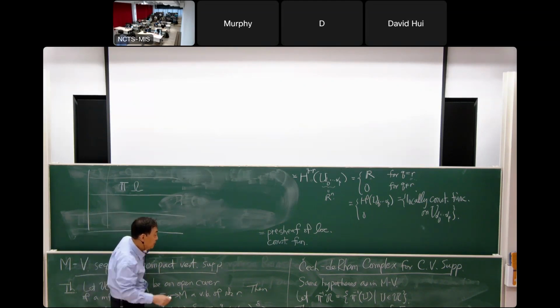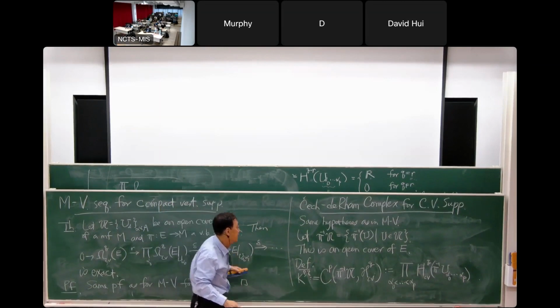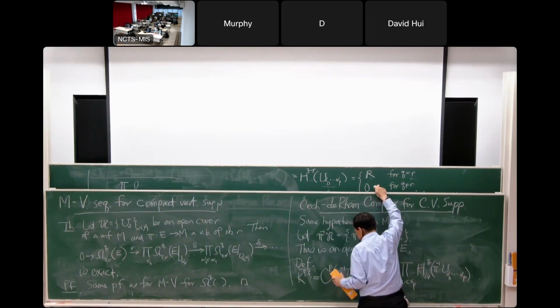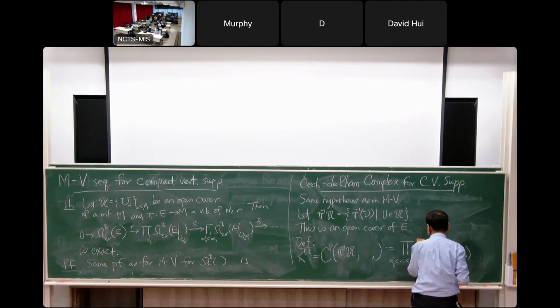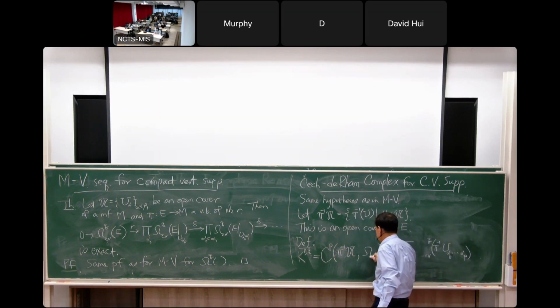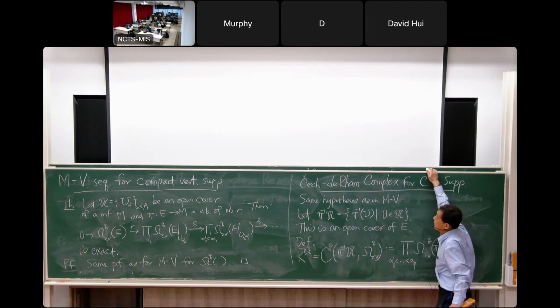Oh, no, sorry. In the Čech-de Rham complex, we don't start with cohomology. We start with differential forms. So this should be Ω^q with compact vertical support. Okay.